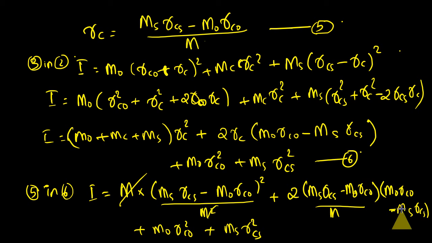So if we are taking one minus sign out of this, then we can write, from this one, M_O R_CO minus M_S R_CS is equal to minus of M_S R_CS minus M_O R_CO. So we can write it like this: minus 2 into M_S R_CS minus M_O R_CO the whole square divided by M. That we can write, right?